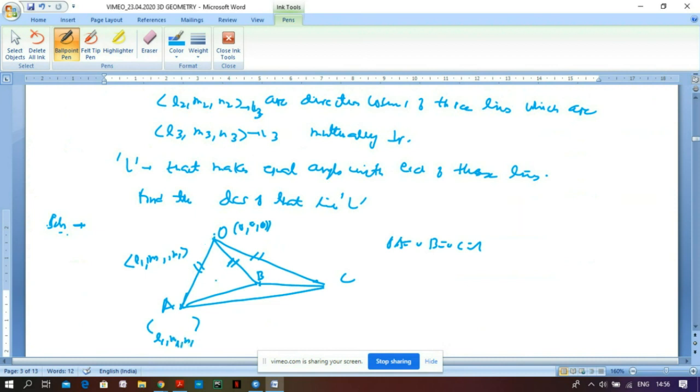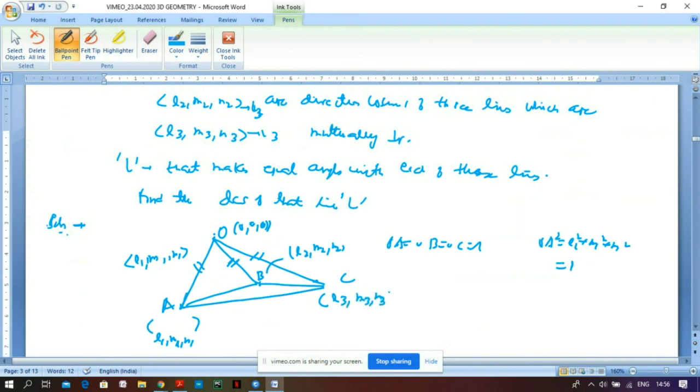Because if you write OA squared, then OA squared is l1 squared plus m1 squared plus n1 squared, that's 1. Similarly, B has coordinates (l2, m2, n2), and the coordinates of C are (l3, m3, n3).